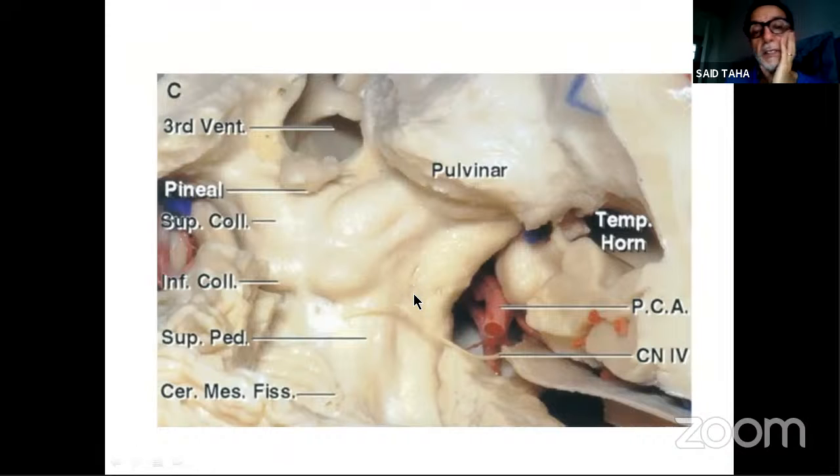And this is the cerebral peduncle, more anterior. The quadrangular lobule of the cerebellum is here in this region.